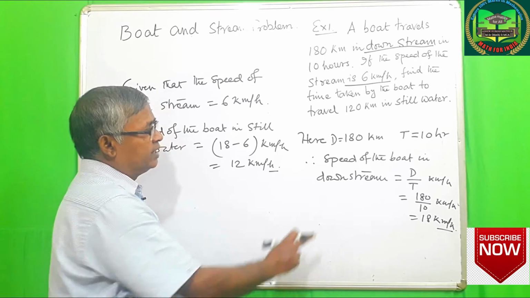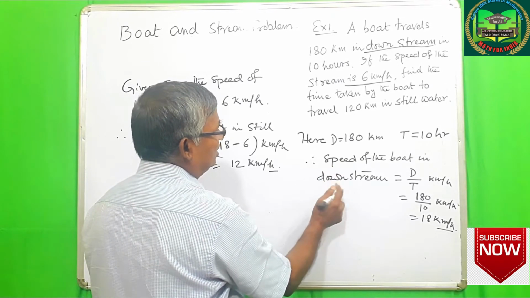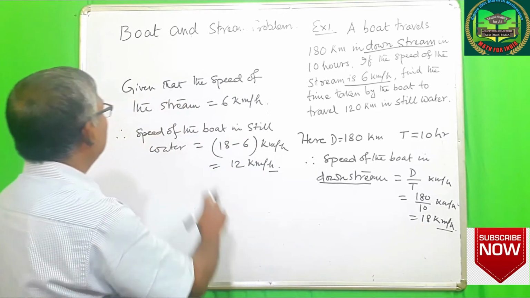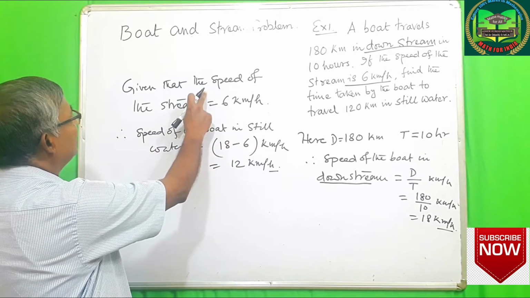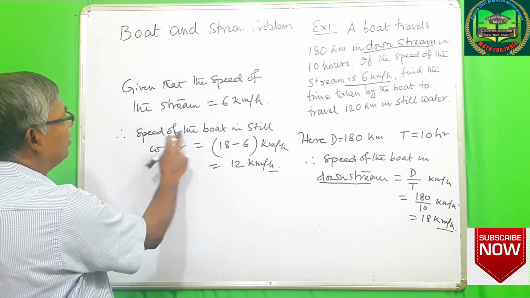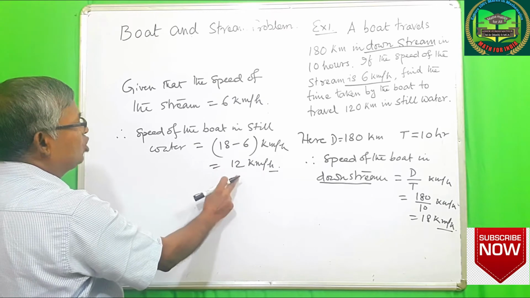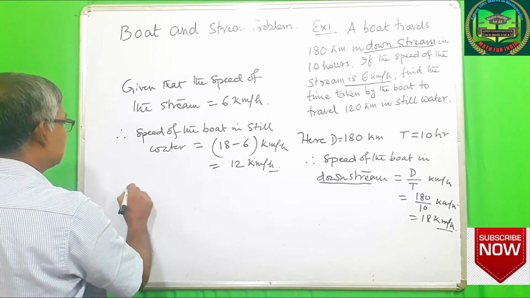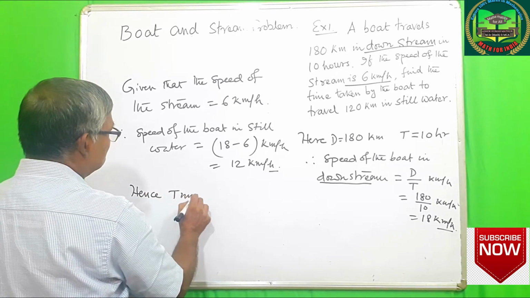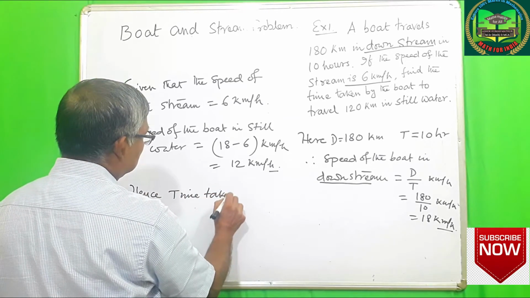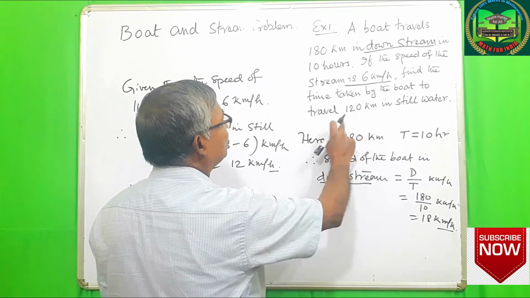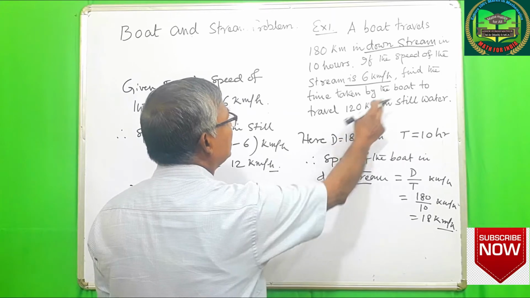Students, here we get speed of the boat in downstream equal to 18 kilometer per hour, and given that speed of the stream equals 6 kilometer per hour. Therefore, speed of the boat in still water equals 12 kilometer per hour. Hence, time taken: the boat travels 120 kilometer in still water.